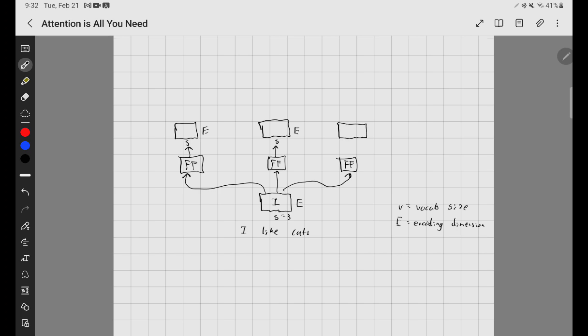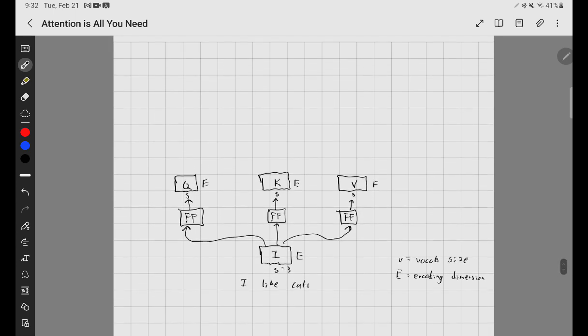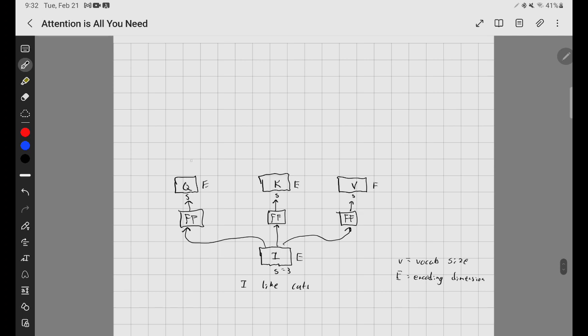So now you have 3 of these matrices, and these are called queries, keys, and values. The queries and keys matrices are multiplied together along the E dimension.